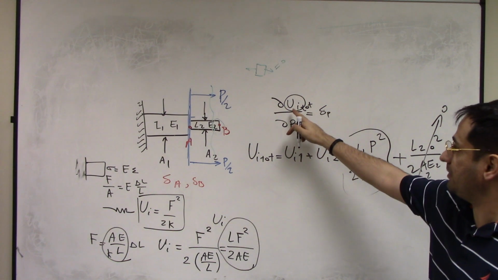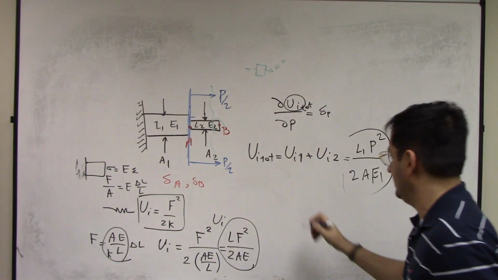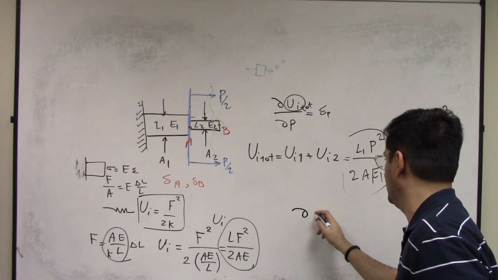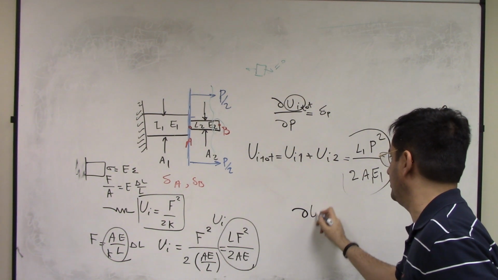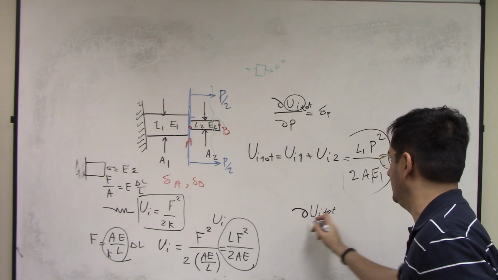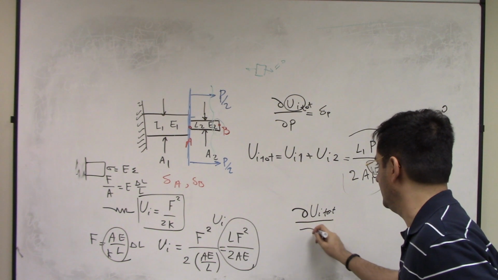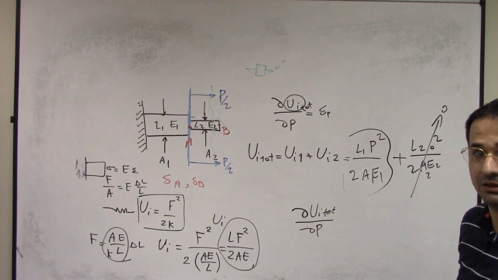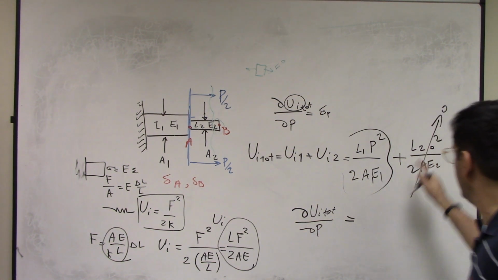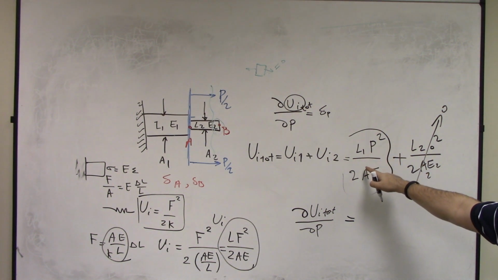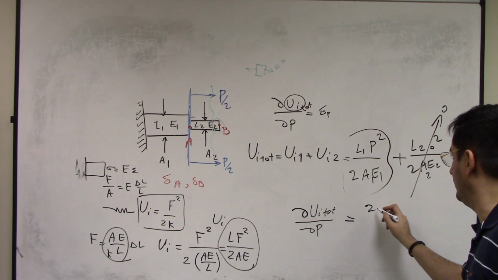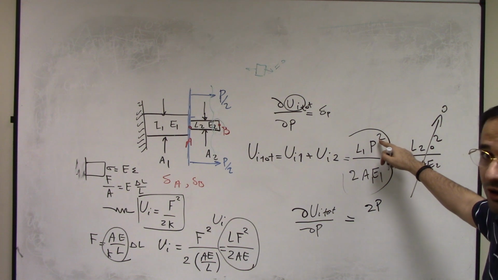Now, what's the deflection at point A? The deflection at point A is partial of UI total, which is this, with respect to P. Okay? So what is this? Derivative of this with respect to P is 2P to power 1.